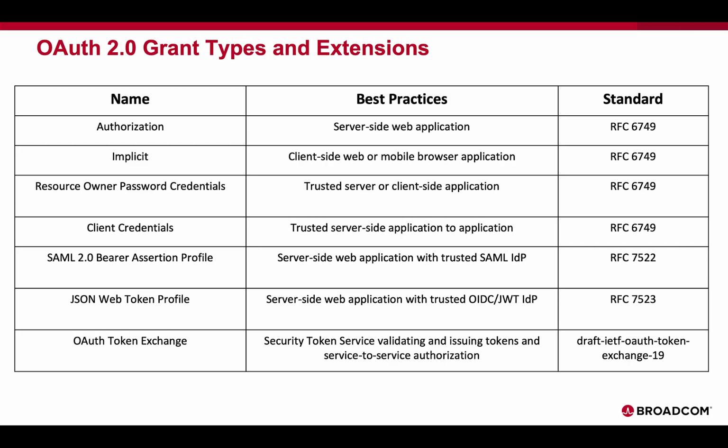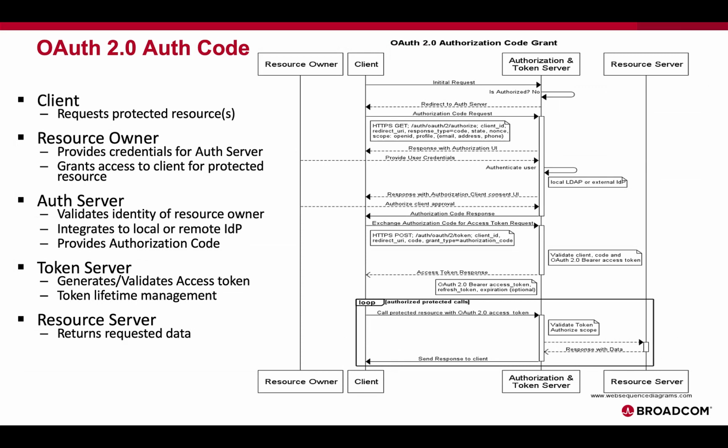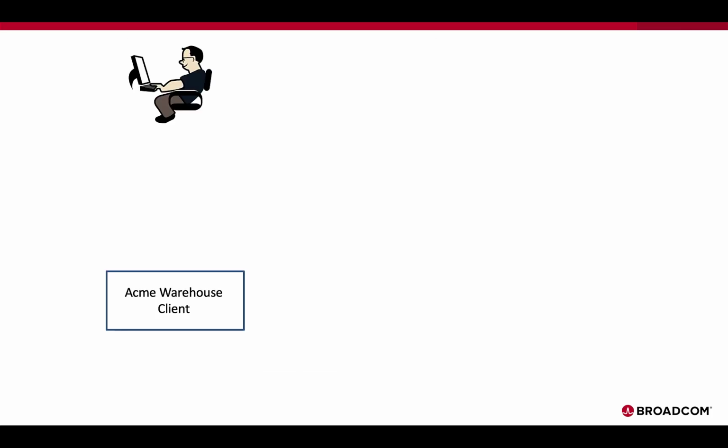All right, let's quickly review the authorization code flow for familiarity. Here is a simple sequence diagram showing the interaction between the resource owner, the client, the authorization and token servers, and the protected API's resource server. In this case, we're going to simulate an end user on their computer trying to access Acme Warehouse Client.